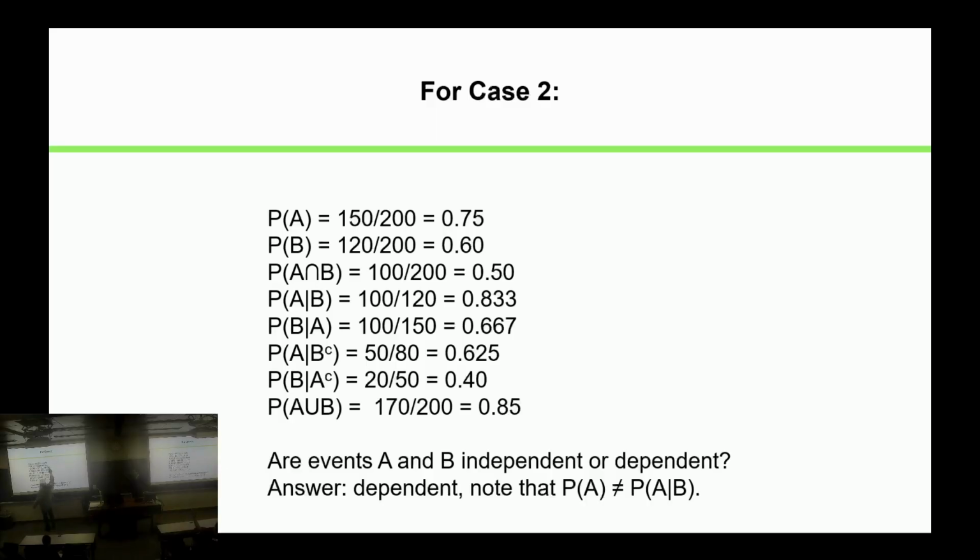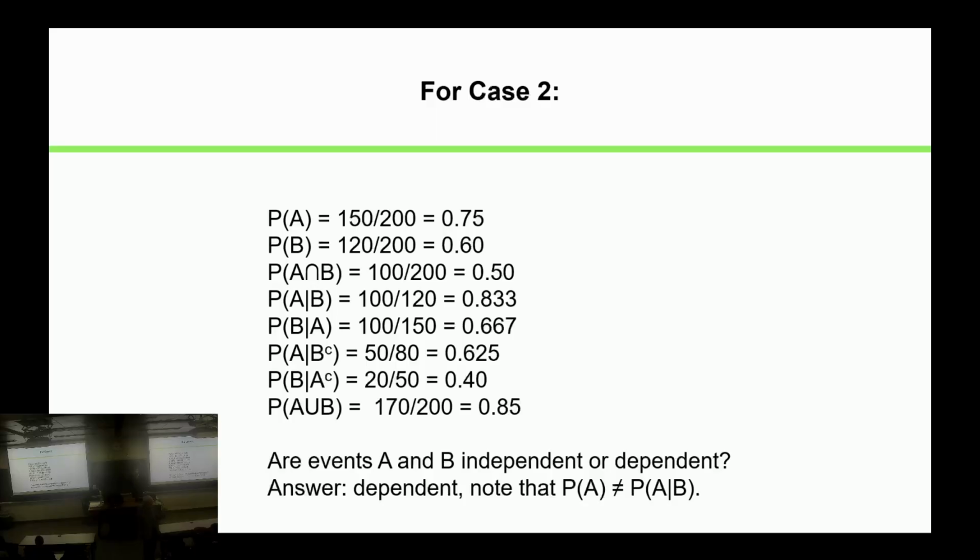Or if I had taken 0.75 times 0.6, that's 0.45. That intersection is not 0.45, it's 0.5. It's not exactly the right size. Yeah? It does change. How?